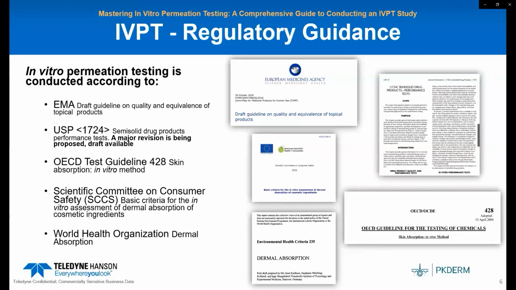Here we have a list of the key regulatory guidance documents used in IVPT studies. This includes the EMA, the USP guideline, OECD, the Scientific Committee on Consumer Safety guideline, and the World Health Organization for dermal absorption.